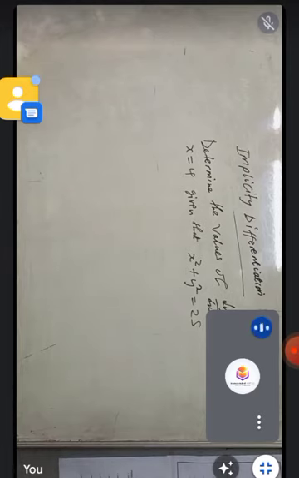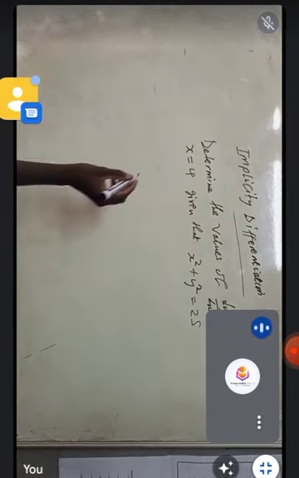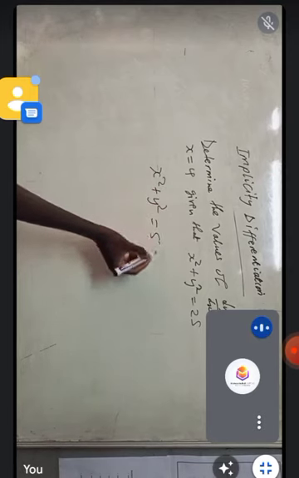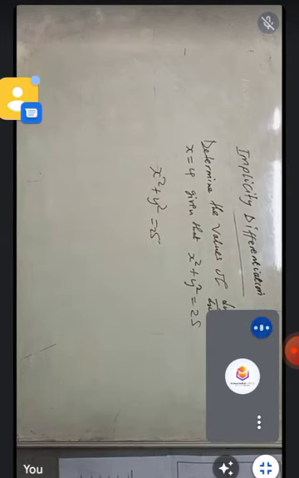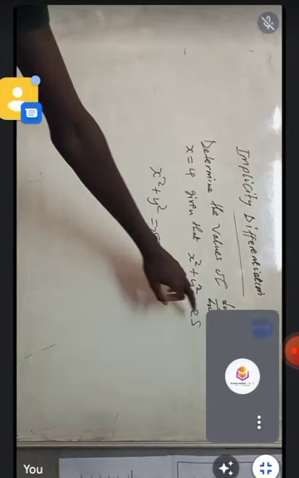So they want us to find two values of dy/dx at x equal to 4, given this expression here, which is x squared plus y squared equal to 25. So what you are going to do here, for you to find the value of dy/dx, yeah, it's obvious.